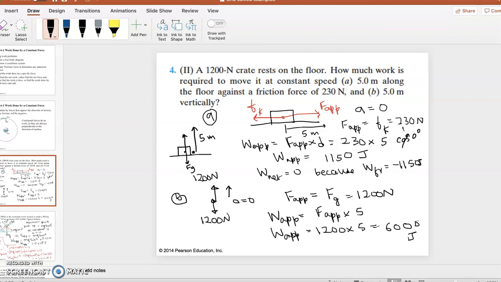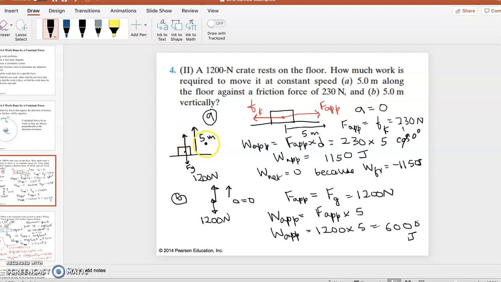But how to move the object? If you recall the problem of the box that we took in chapter 4 over and over, if we apply a force equal in amount to the normal force, then we can move the object up. So exactly what we are looking for is that amount which can overcome the force of gravity and the normal force, basically, which is 1,200 Newton.